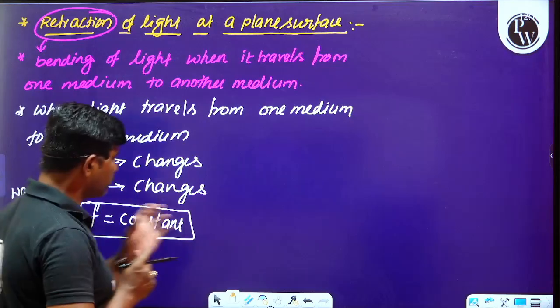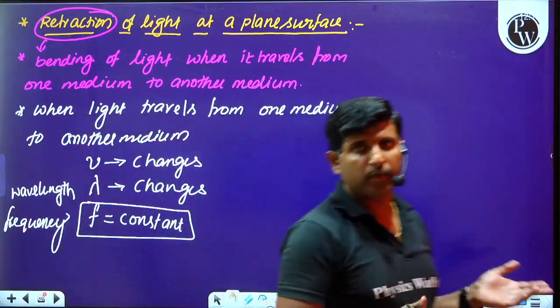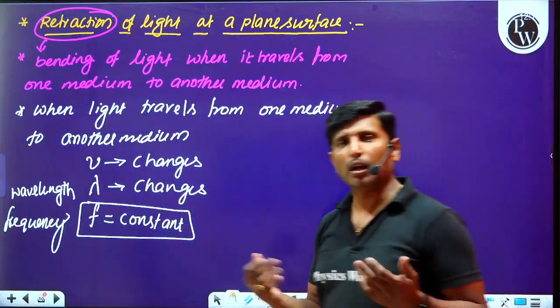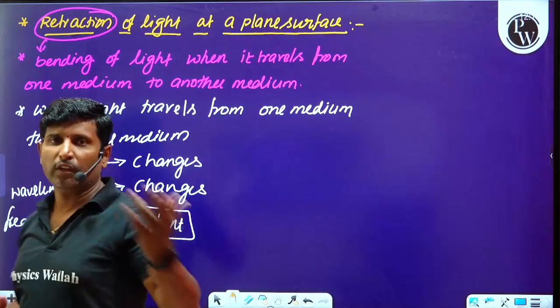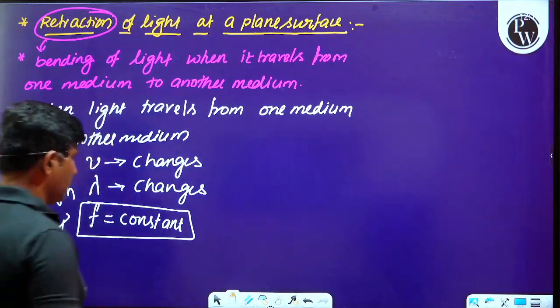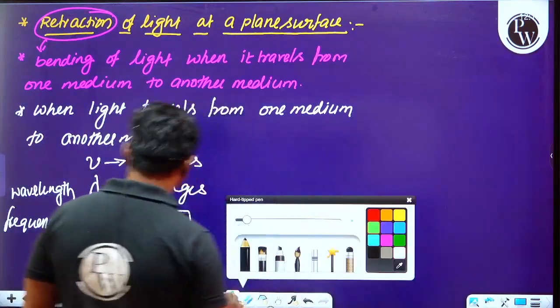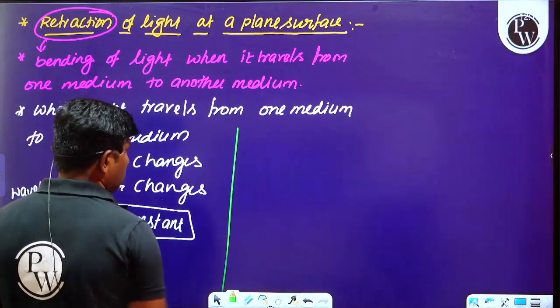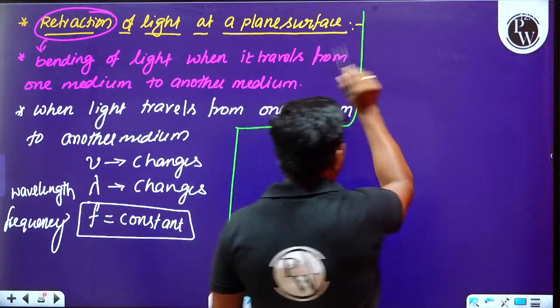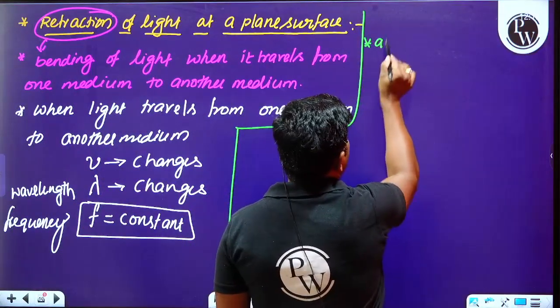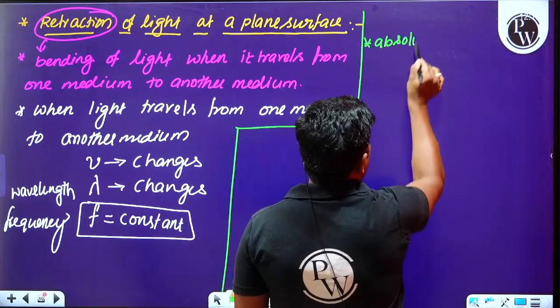Based on this, n number of times they have asked questions, not only in NEET but also in various state entrance examinations. So please make a note of this. First of all, we have to understand what is the absolute refractive index.